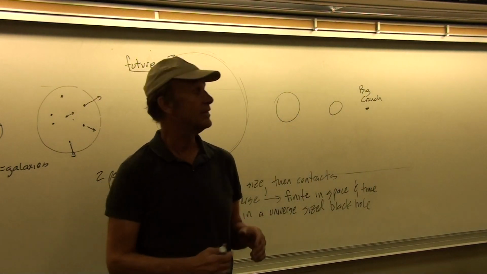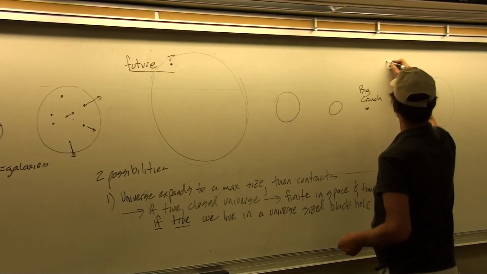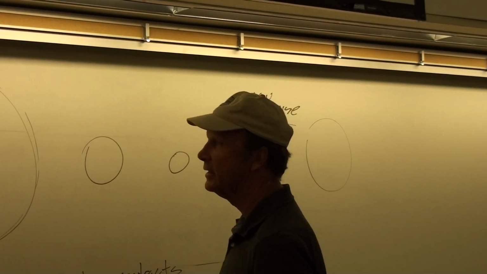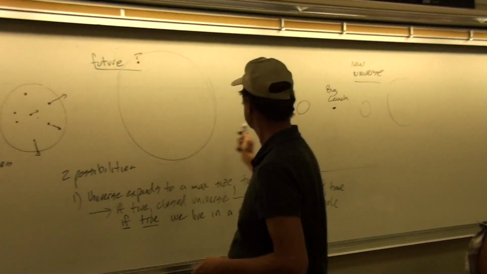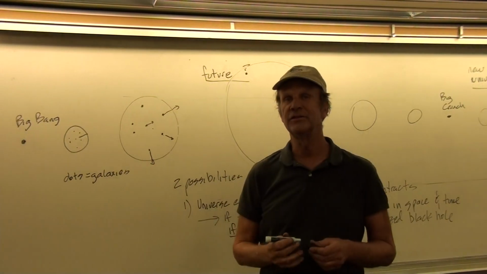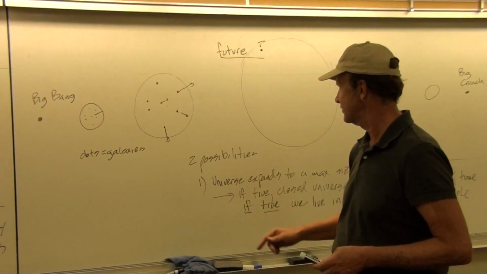And perhaps then you'll get a rebound effect and a new universe. And what we call the big crunch for this universe, the next inhabitants of that new universe could call a Big Bang. So that's possible. That's one of the possibilities.